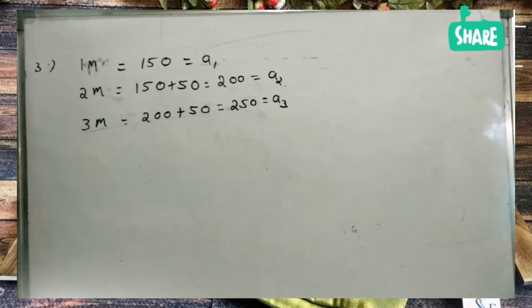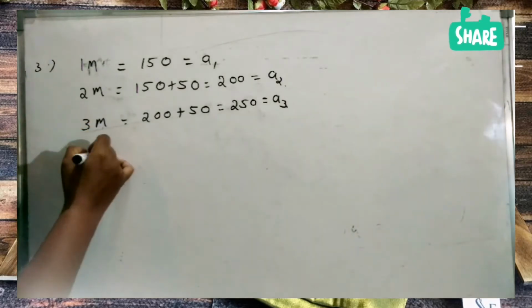First, for 1 meter we need to pay 150 rupees. Then the cost of digging the well after 2 meters of digging is 150 plus 50, that is 200. Let it be A2. Then after 3 meters of digging, it is 200 plus 50, equal to 250.